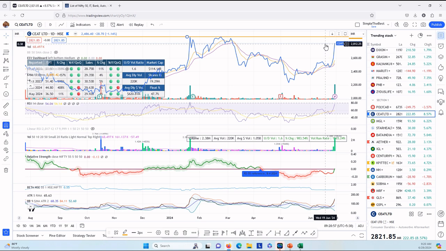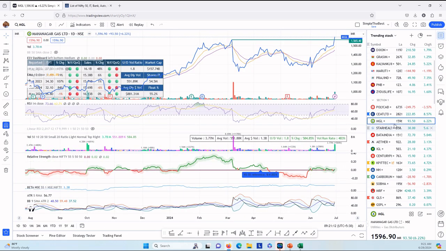I need to wait because there is resistance here. There is a possibility that after going past this point it may be a false breakout and come below. So this is the only stock I'm loving, and I'm really hoping it can go to the next level.